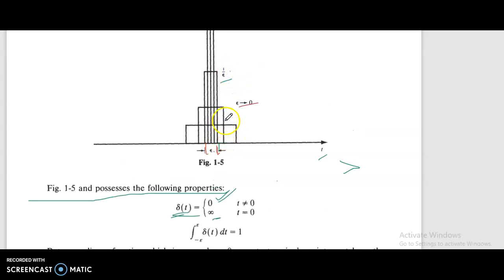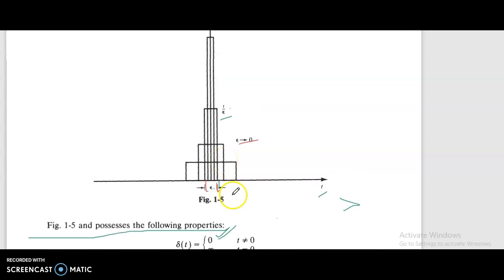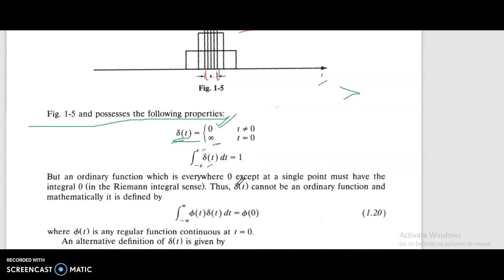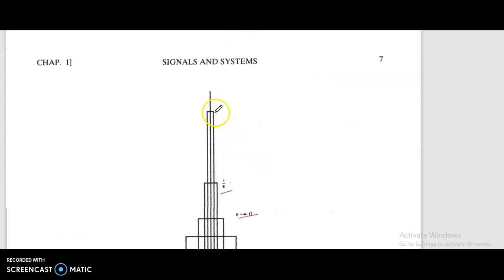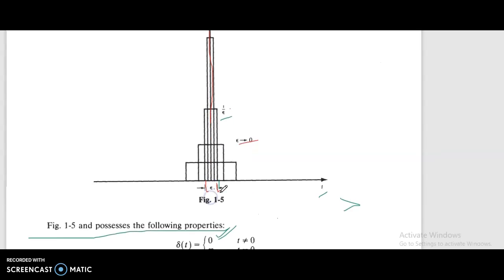The integral from minus infinity to plus infinity, or minus epsilon to plus epsilon, of delta of t dt equals 1.